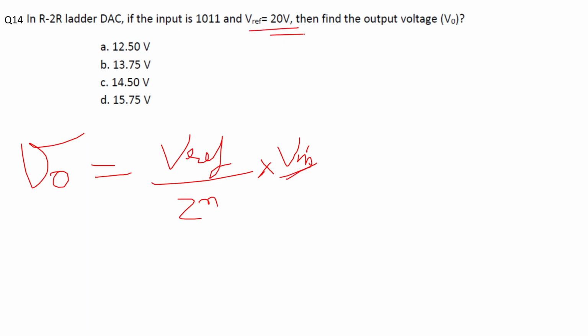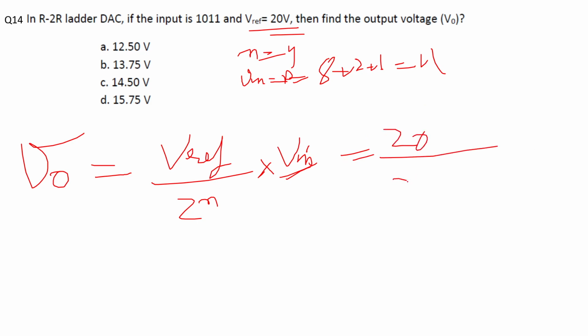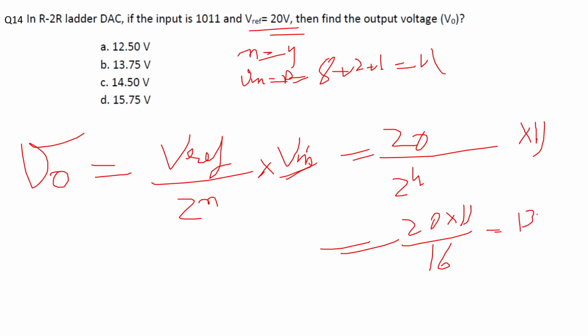Your Vref is 20 volts, n is 4, and V in is the decimal value from 1011, so it's 8 plus 2 plus 1, so it's 11. Plugging these values, we have 20 by 2 raised to power 4 into 11, so it's 20 into 11 by 16. So the final output voltage value will be equal to 13.75 volts.